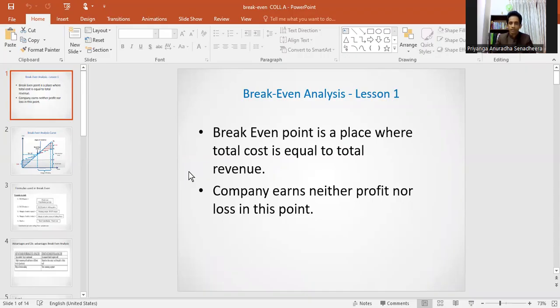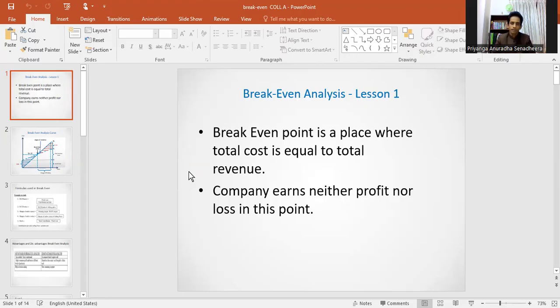Every company normally faces a situation in the beginning years where they experience losses. That means their revenue is lower than their expenses. Expenses are very high.